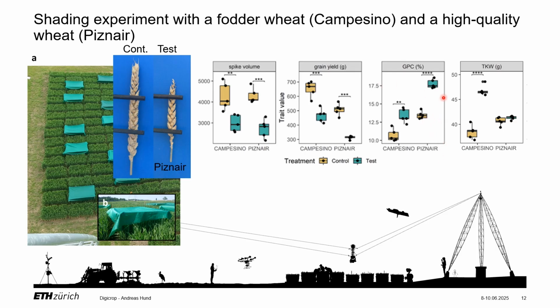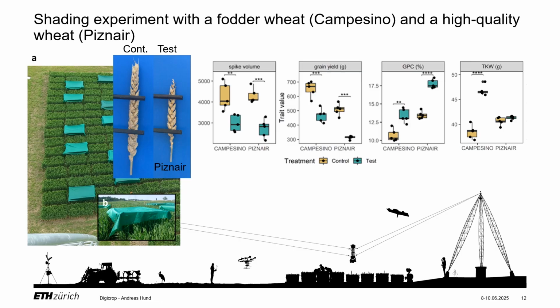What you can also see is that the 1,000 kernel weight, which is related to the individual grain weight, was going up for the fodder wheat, but not for the high quality wheat. So again, this shows that there are different strategies to deal with it. Apparently, the bread wheat was not able to compensate by putting more starch per unit grain weight.